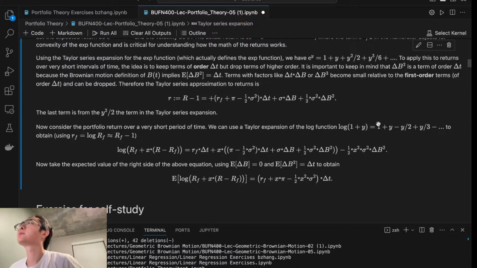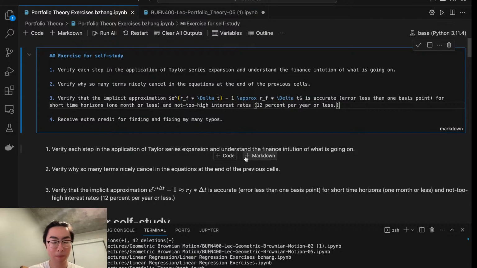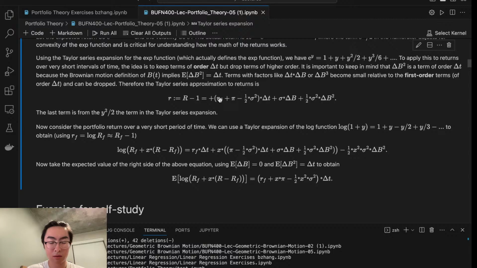Right, so this one's pretty tough. Minus 1/2 x squared.